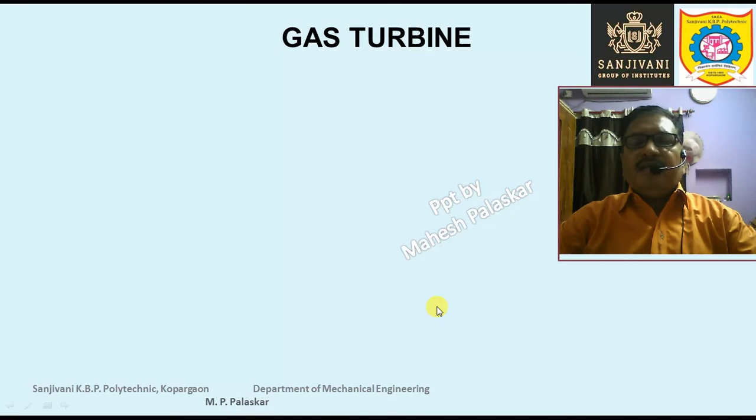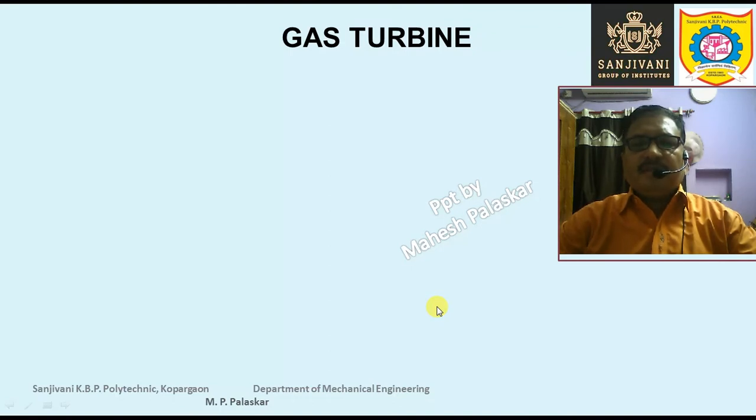The difference between the gas turbines and the engines is that gas turbine is a rotary type of prime mover, whereas the engine is a reciprocating type of prime mover. Ultimately, the reciprocating motion is converted into rotary motion.